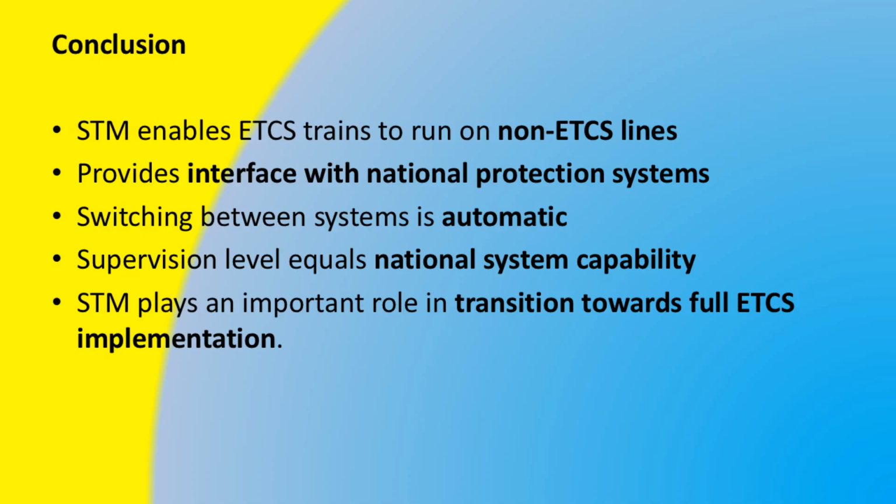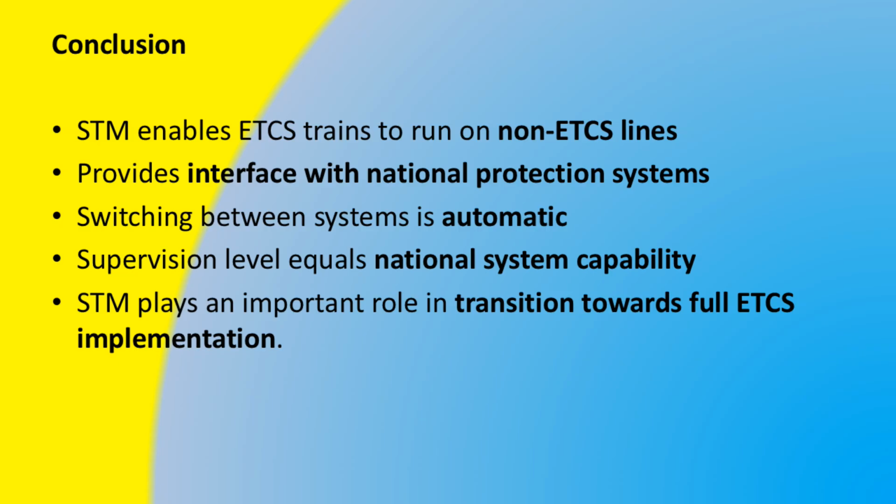To summarize, STM stands for Specific Transmission Module, which enables ETCS equipped trains to operate on tracks using national signaling systems. It acts as an interface between national train protection systems and ETCS onboard equipment.